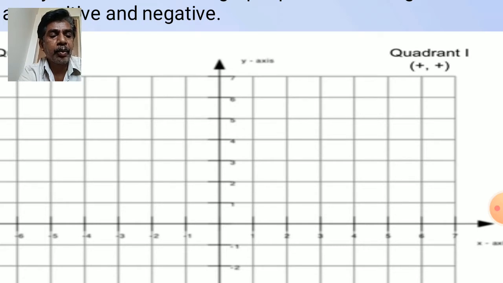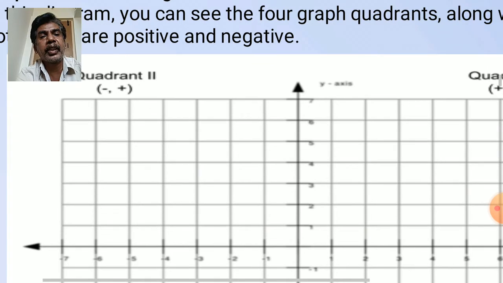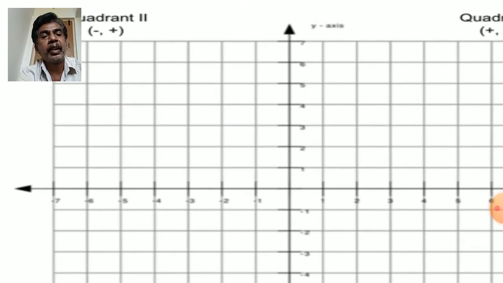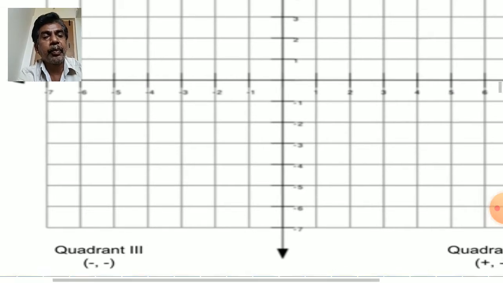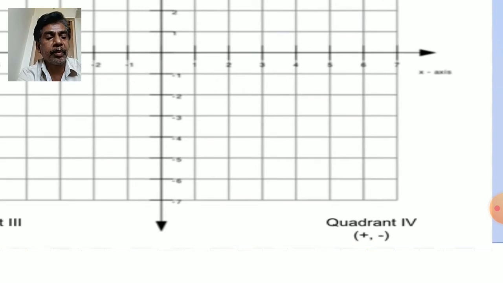Quadrant 2 is used when the value of x is negative and y is positive. In quadrant 3, both the variables are negative, x and y are negative.